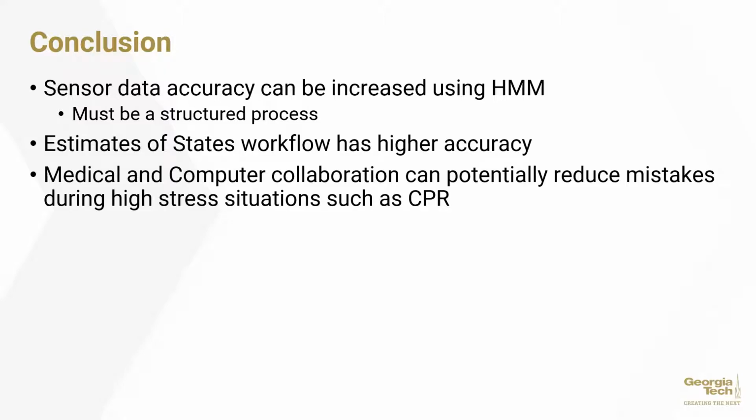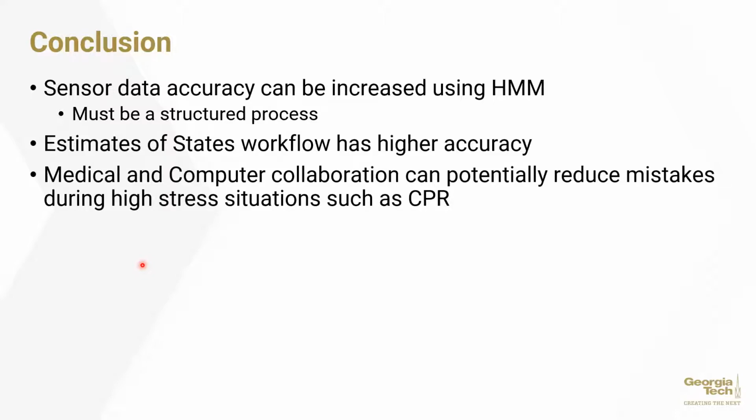Okay, so for the conclusion for this presentation regarding the Markov models and the CPR flow: the sensor data accuracy, or how it's used, can be increased if you're using a hidden Markov model or a Markov model. However, it has to be used during a structured process.